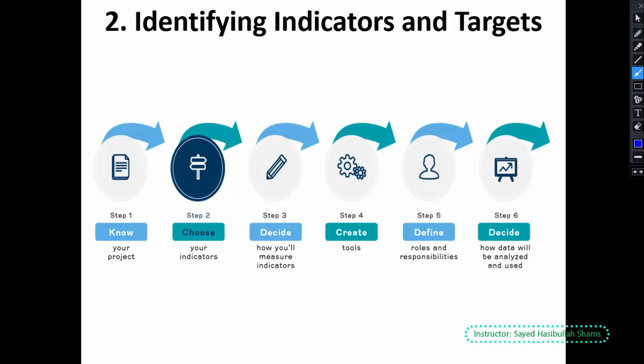Our lesson today belongs to step two, as we have mentioned that in the monitoring and evaluation department we will have a monitoring, evaluation, learning and accountability plan, and for this purpose we will carry out these steps.